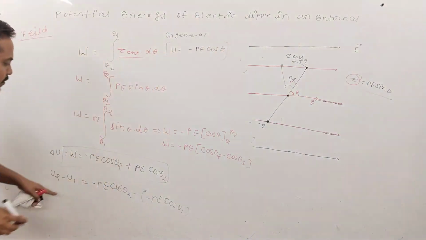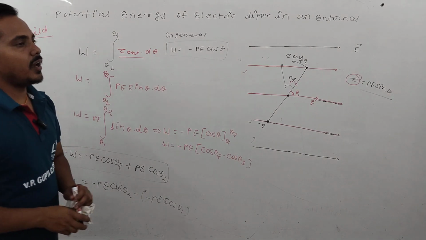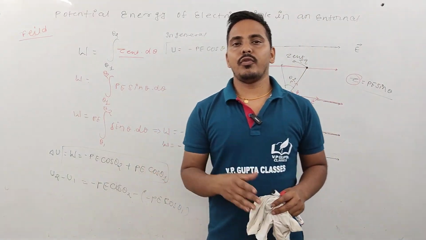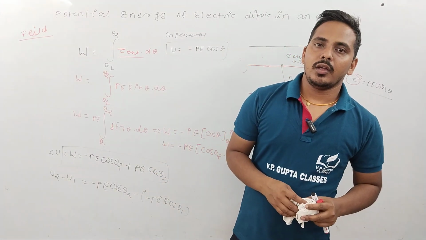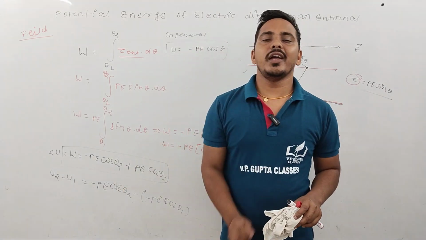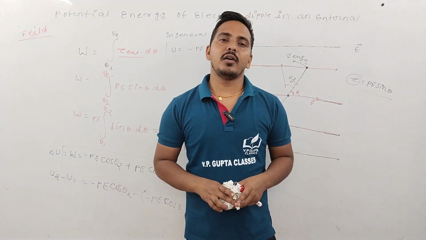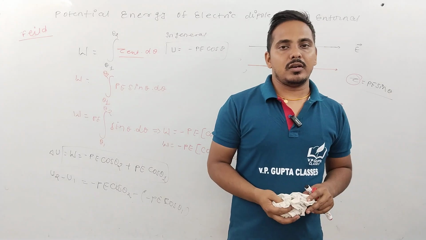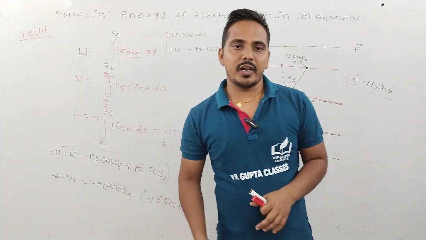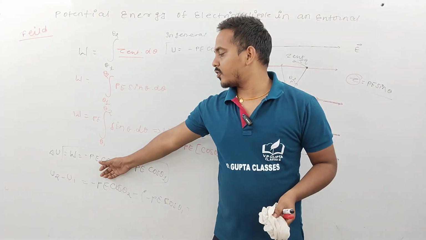You observe from this: if we have to find the change in potential energy, or the work done by the external torque on an electric dipole in a uniform electric field, then we apply this formula.